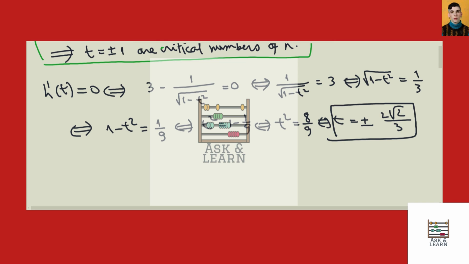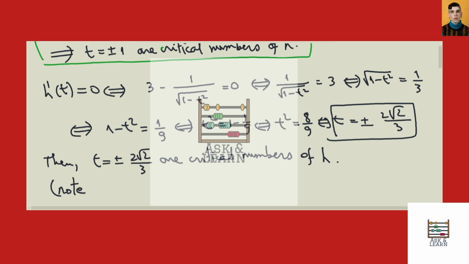And so t equal plus or minus 2 square root of 2 over 3 are critical numbers of h. But I haven't verified exactly that they are in the interval -1, 1, and I have to do that.